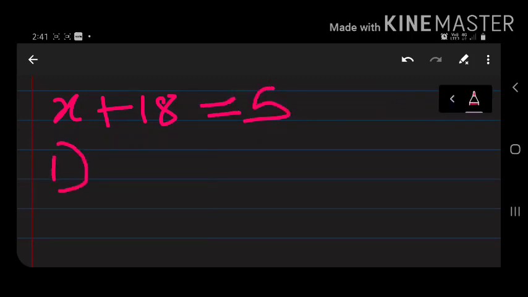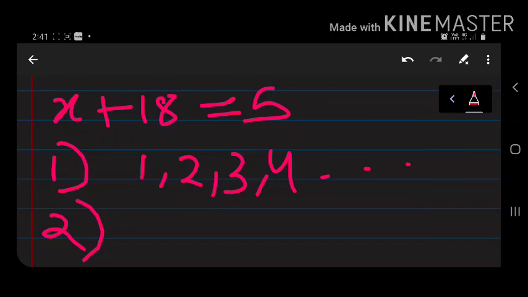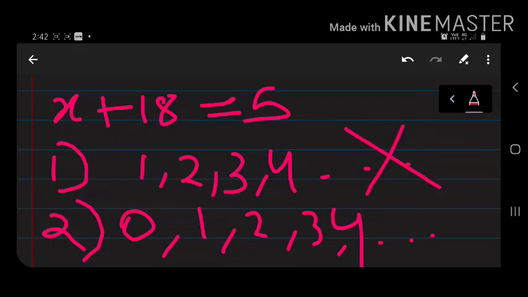Let us write the natural numbers 1, 2, 3, 4 and so on, and whole numbers 0, 1, 2, 3, 4 and so on. Let's choose a number from these two number systems which satisfies the equation, and we see that both number systems fail in providing a number which can be put here for satisfying this particular equation.